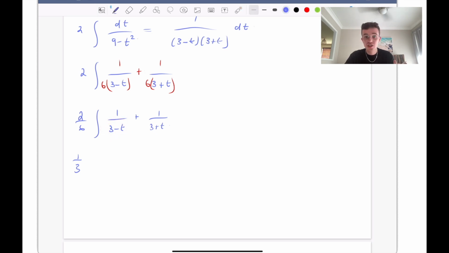So the differentiation of t is equal to 1, so we're actually good on the top. So the differentiation of that is going to be ln of 3 minus t plus ln of 3 plus t plus c. And we're done.